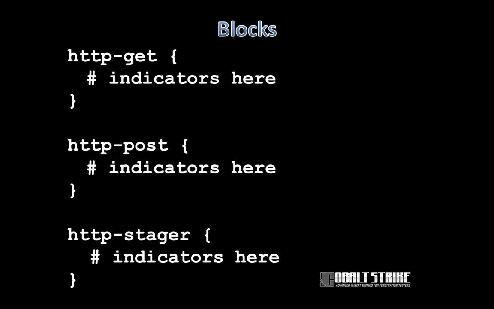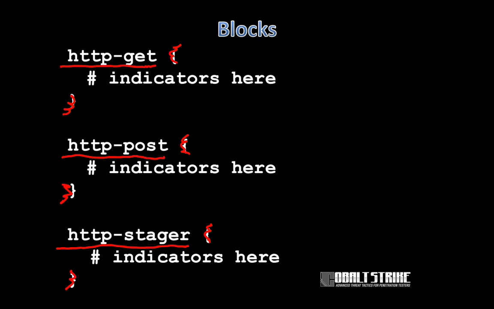Blocks are a way of grouping indicators by specific behavior point. So here we have 3 blocks. We have HTTP GET, HTTP POST, and HTTP Stager. These are all very similar to each other, and they may have very similar indicators, but it would make sense you want to customize each of them separately. So that's why we have blocks, is to allow you to easily group the indicators related to these aspects of what Beacon does.